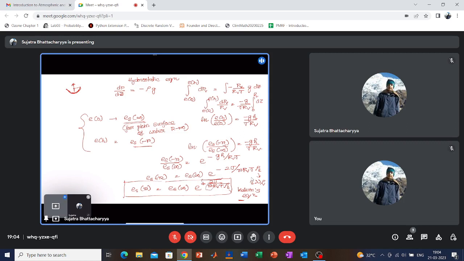Compared to Es of infinity, although this term is decreasing, the Es of R will be greater, because there is a positive exponential. That is what we call supersaturation. With respect to the plane surface of pure water, the saturation vapor pressure for a curved surface will always be high. Why? Because of the exponential of this term.